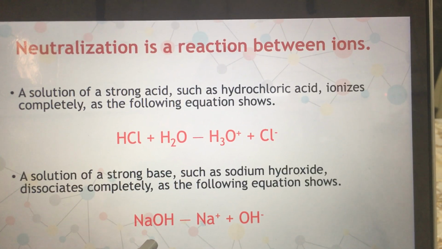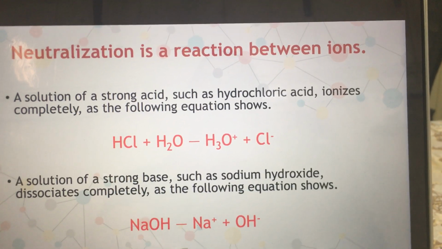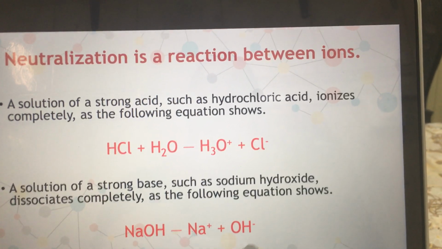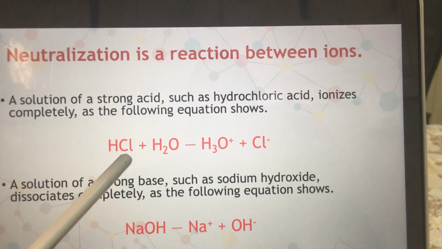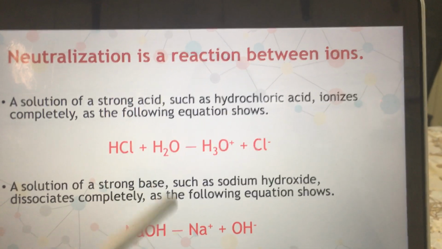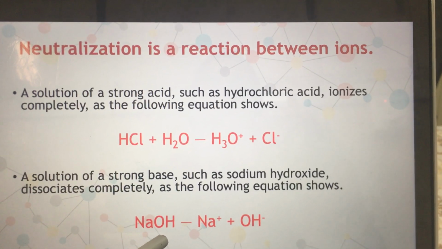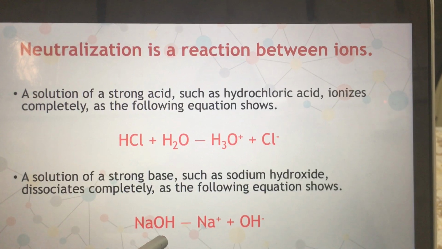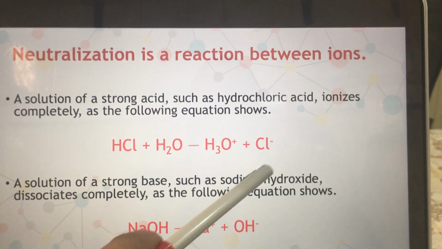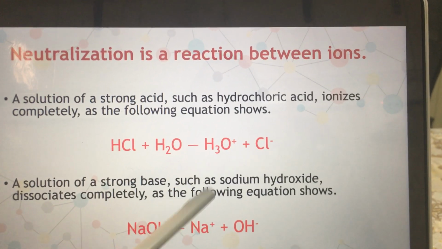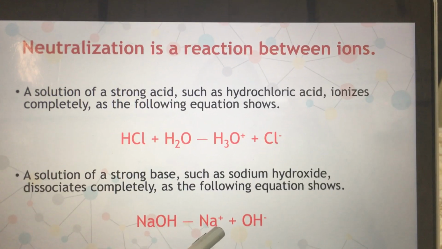The result will be positive sodium ions and negative hydroxide ions. So this is a solution of a strong acid. This is a solution of a strong base. What ions can we find in a solution of a strong acid? Hydronium ions and the negative ions. Here, hydroxide ions and the positive ions.